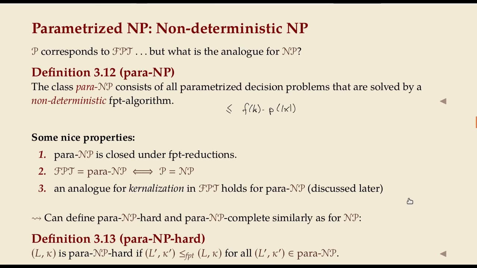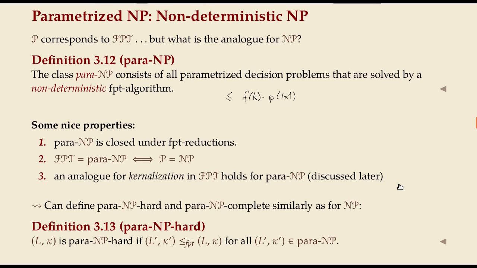This class does have some nice properties that we're not going to prove. But you can show that this class is closed under reductions, under the FPT reductions we've just defined. So whenever one problem is in para-NP and a second problem can be reduced to another problem, then this also has to be in para-NP.